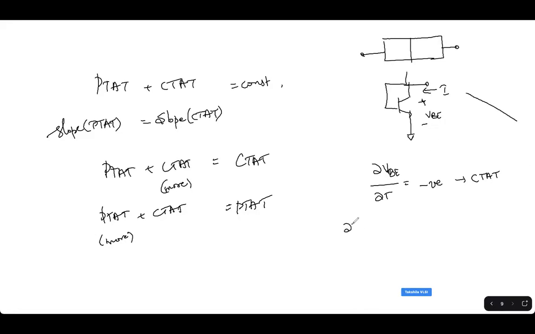Of course, when you look at del VBE by del T, the expression is a bit weird. Let me just put it like this. The IC, the current flowing through the transistor here, is given by IS. It's called the saturation current. For the BJT, it's not the saturation current that we talk about in terms of MOSFETs. It's something different. VT is given by kT by q.